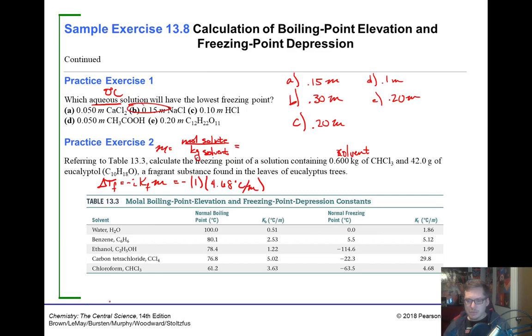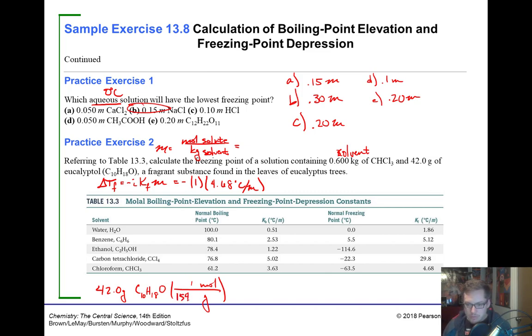Moles of solute, well, we had 42.0 grams of C10H18O, and we got to convert that to moles, so we'll put grams in the bottom, moles in the top, 1, and then we got to add up all this. So we got 10 carbon, so 10 times 12.01 plus 18 times 1.01 plus 16, and we get 154.28 grams.